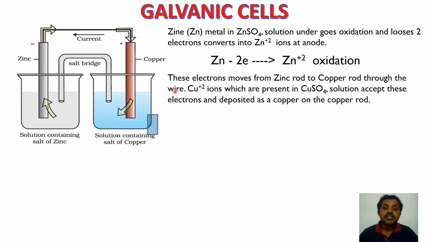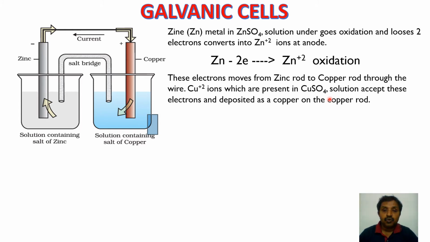Now, these 2 electrons move from the zinc rod to the copper rod through this wire, through the voltmeter. And here the copper sulfate solution accepts the 2 electrons. The copper 2 plus in the copper sulfate solution accepts the 2 electrons and undergoes reduction.